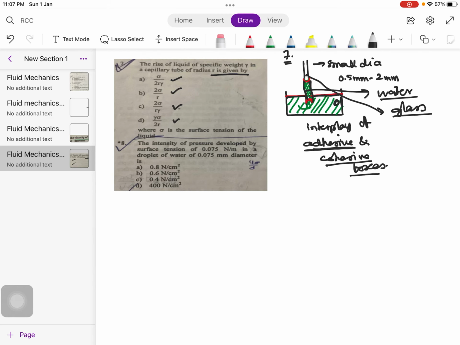Similarly, the molecules of a liquid exert an attractive force on each other, and this sort of attractive force is known as cohesion.